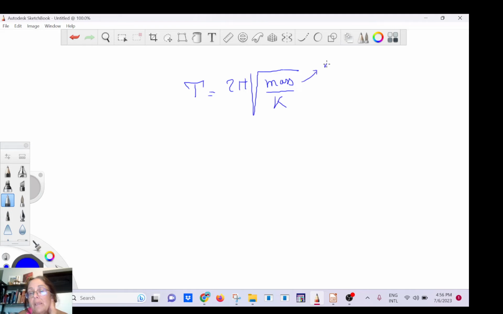The mass is in kilograms, k is in newtons per meter, and the period is in seconds.